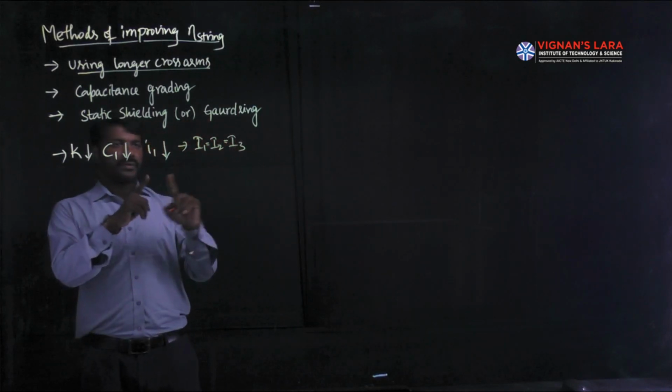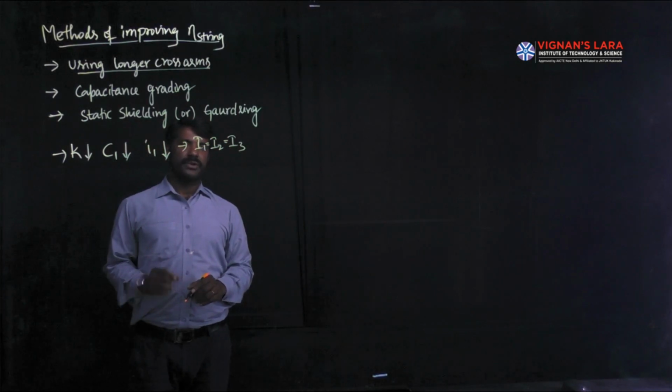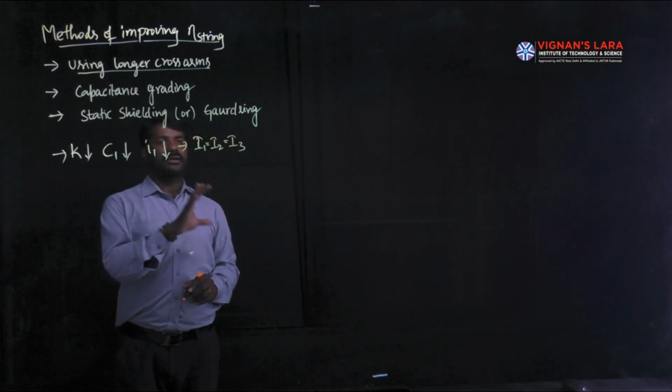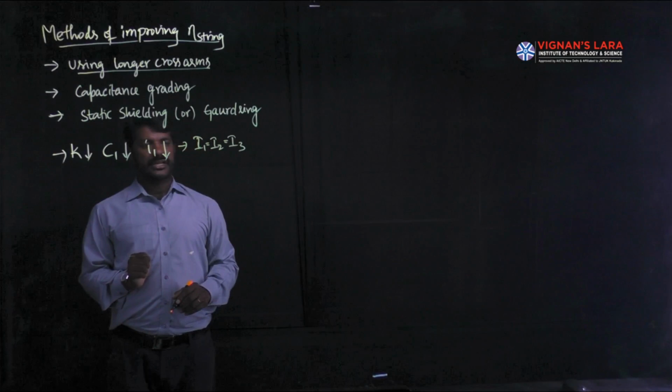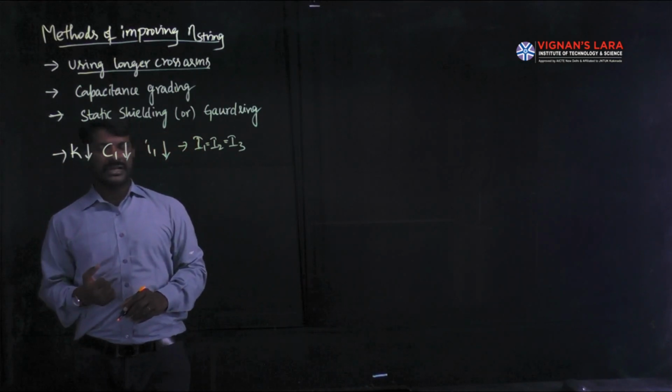If equal currents are passing through the similar units, then voltages across them will be equal, so that string efficiency will be the ideal value, almost 100%.